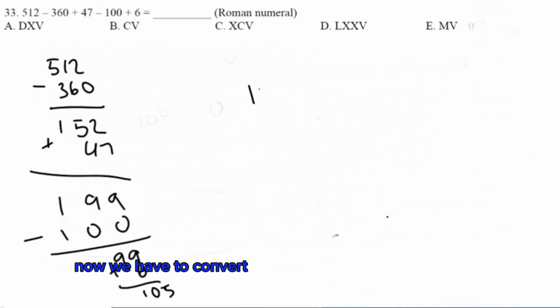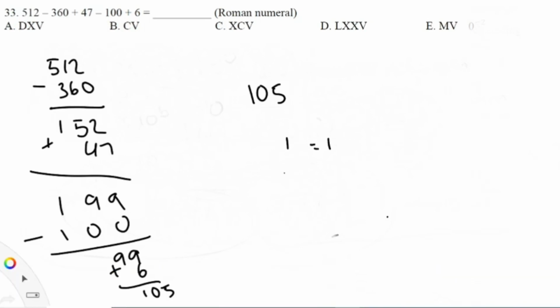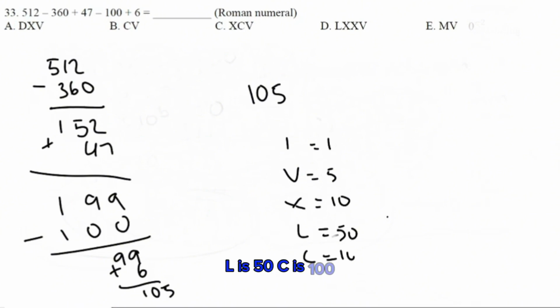Now we have to convert 105 into Roman numerals. For Roman numerals, the basic ones are I, which is 1, V, which is 5, X is 10, L is 50, C is 100, D is 500, and M is 1000.